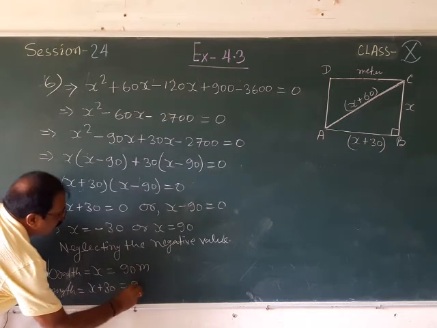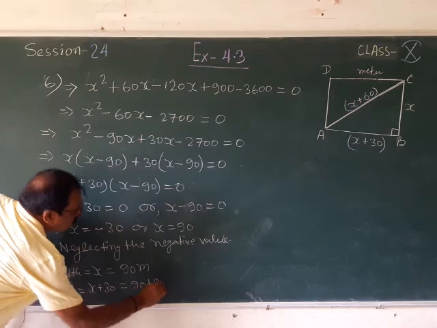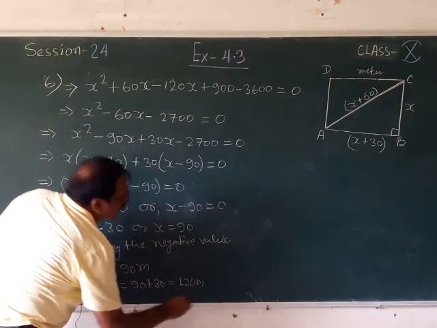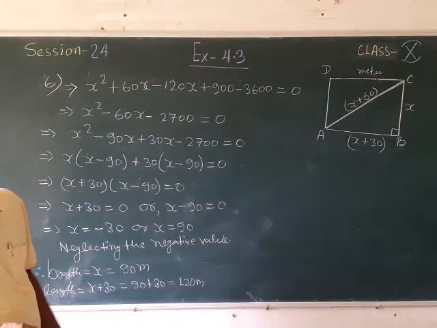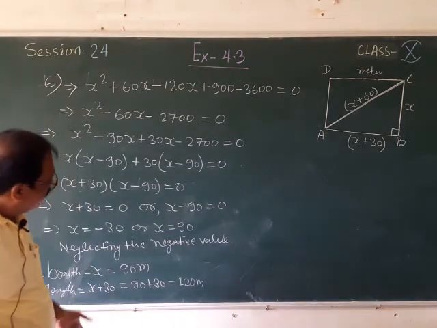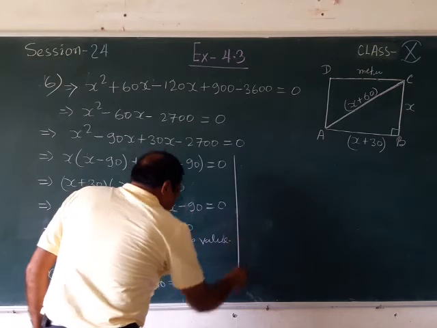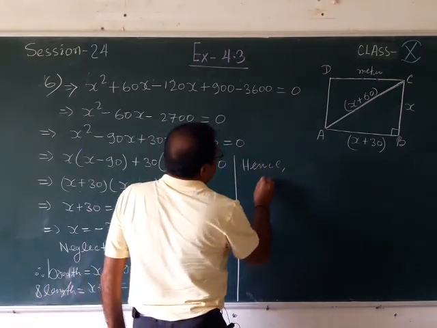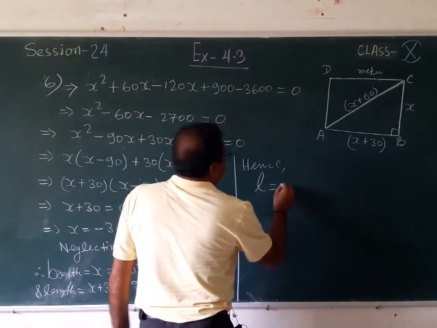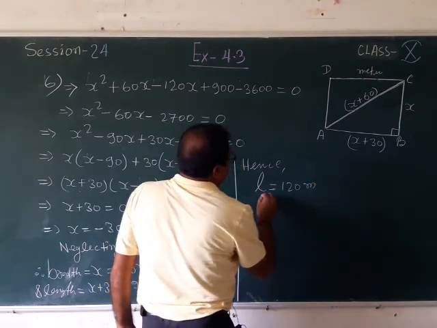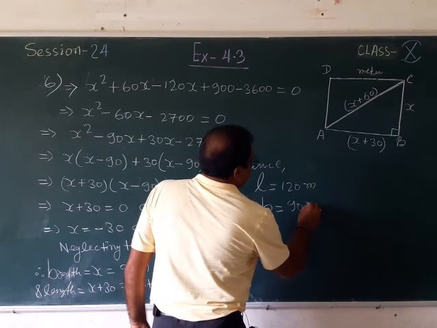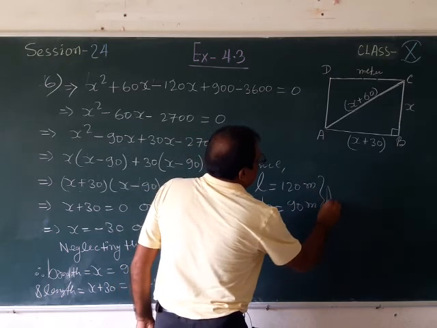So I can write here 90 plus 30, that is equal to 120 meter. So, further you can write your answer, find the sides of the field: hence length is 120 meter and breadth is 90 meter, and that is your answer.